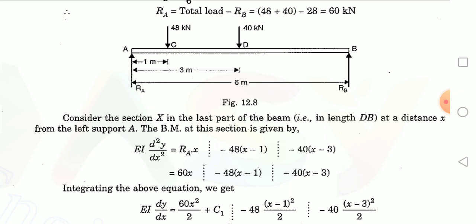See, this reaction RA load is clockwise, then this 48 and 40 is anti-clockwise, so we put minus. So minus 48 into X minus 1, then minus 40 into X minus 3. Okay, so now RA value we know, that is 60 kilonewton, so 60X.